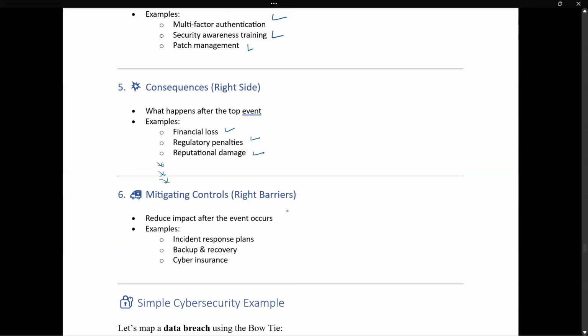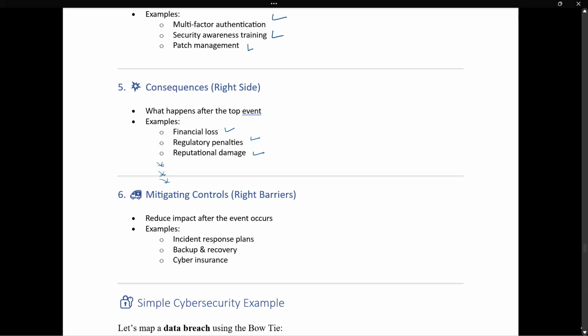Mitigation controls. If some attack happens, you will have a team called the incident response team. They are the people who usually work in the security operations center, which we call SOC. SOC will have level 1, level 2, level 3, and SME level.